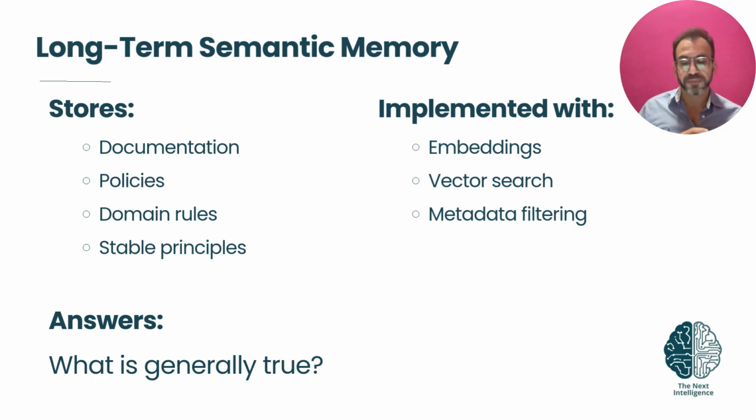But here is another crucial point: similarity is not enough. Relevance is the most important keyword in this part, and relevance is not just semantic similarity. It is semantic similarity conditioned on agent state.